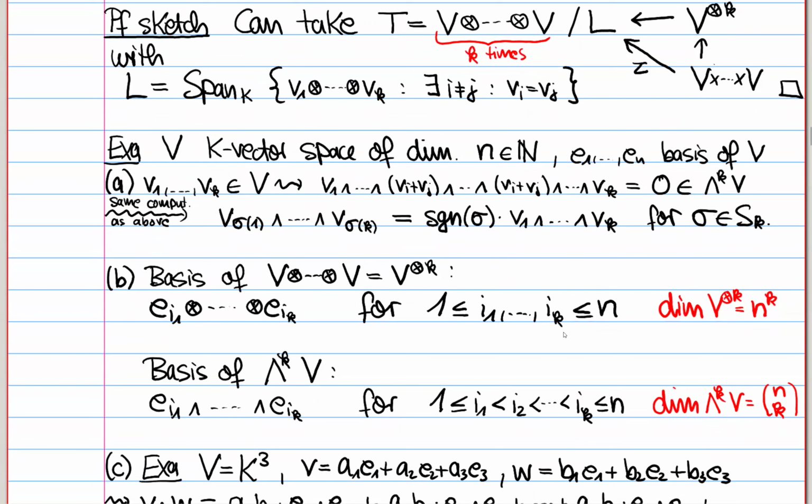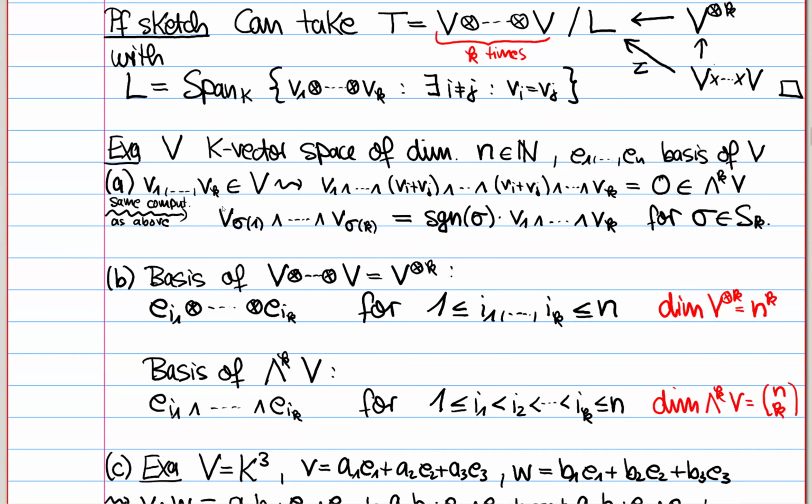Since we have a choice of n different such elements for each of the k slots, we exactly get n^k many basis elements. Now in the wedge^k of V, the claim is that because we divide out something, in general, we will get fewer such basis elements.